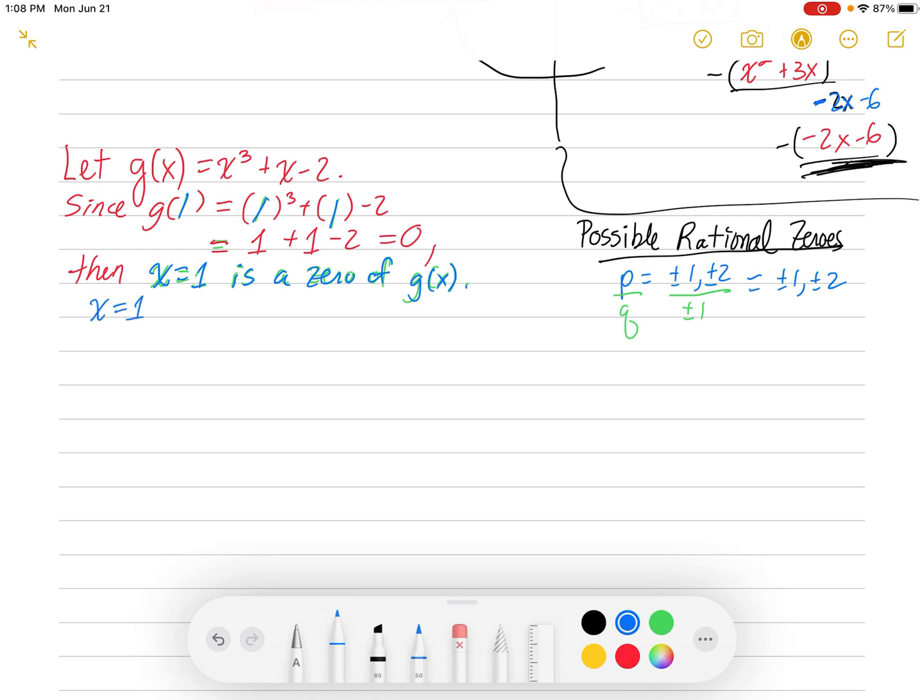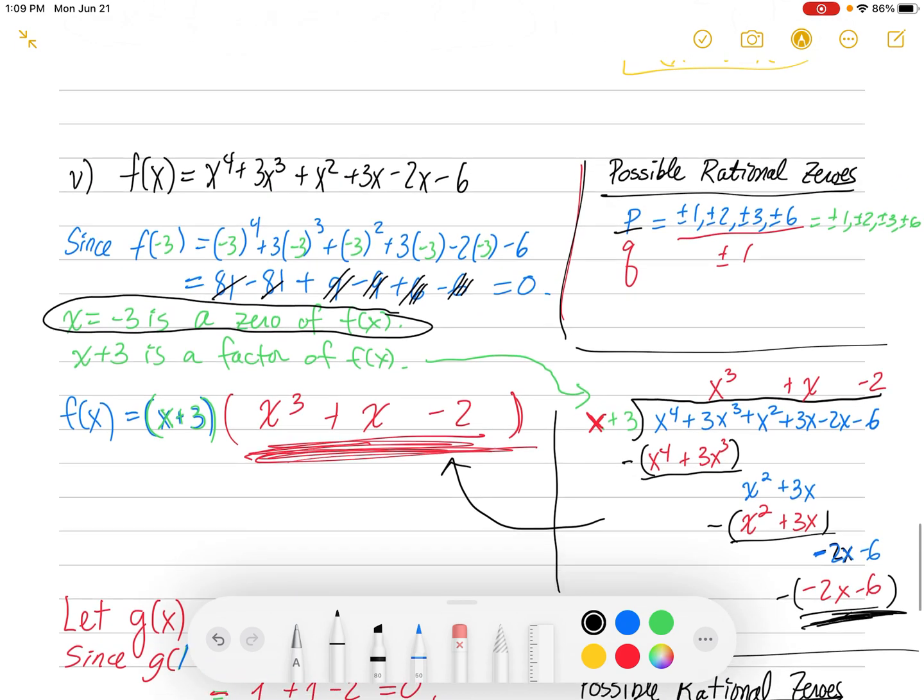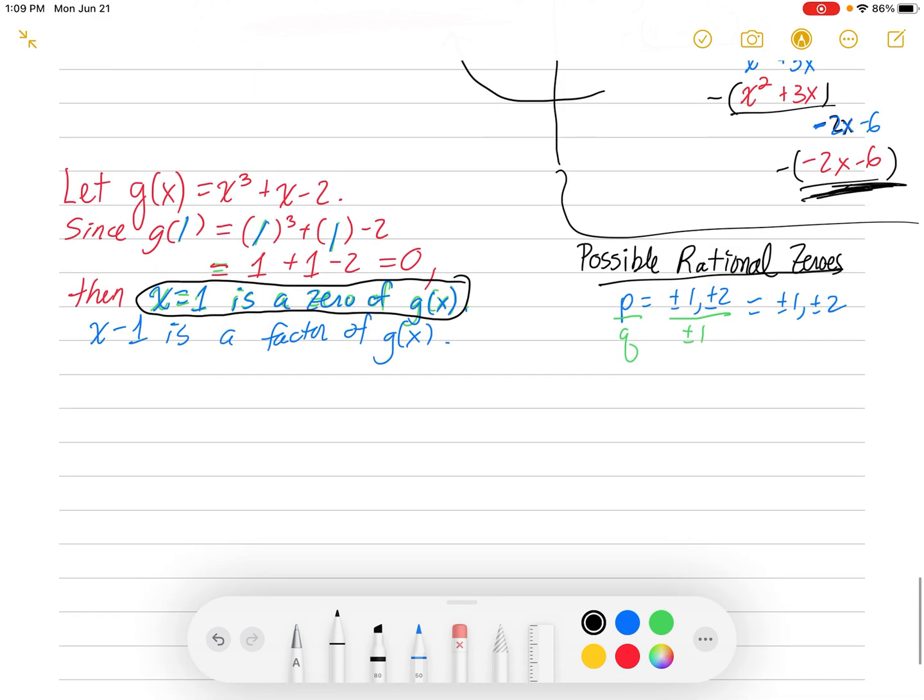That means x equals 1 means x minus 1, I should say, x minus 1 is a factor of g of x. Okay. Let's circle this 0 here because we have to find all the real zeros. So we already found a real 0 of -3. Now we have a real 0 of 1. So x minus 1 is a factor of g of x.